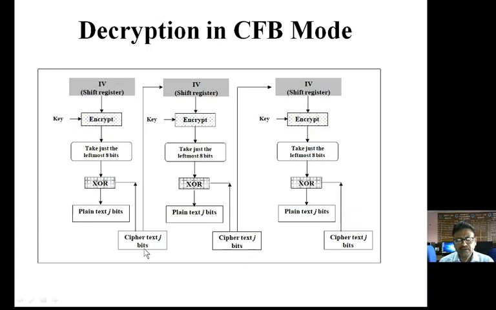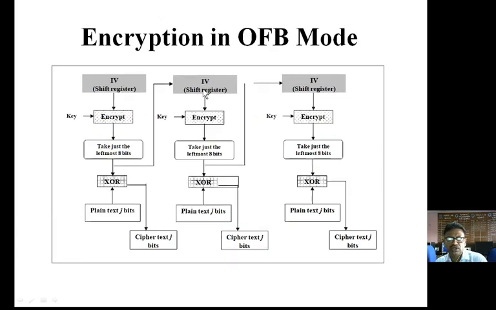If this shifting gets some distortion for some reason, we are not getting the same value of the ciphertext fed back into the IV register, then in that case while doing the decryption, you are not able to get the same plain text. So it is going to propagate: if there is an error in the ciphertext, it is going to propagate in the CFB mode. Just to avoid this propagation of the error, encryption in the OFB mode has been made.